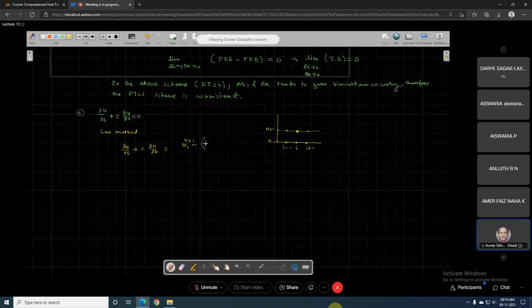What he is doing is, he is taking u at I plus 1 plus u at I minus 1, and dividing them by 2, and the whole division is by delta t.